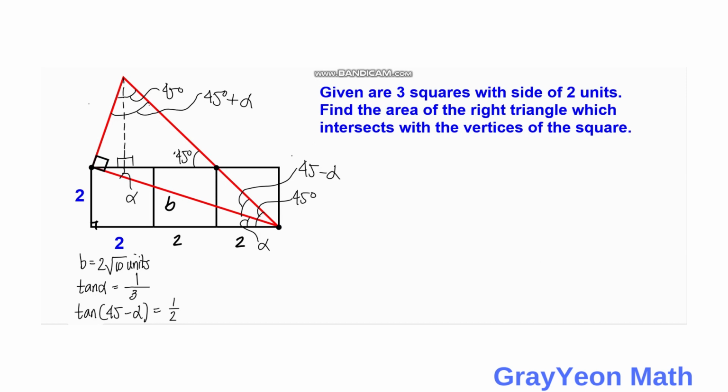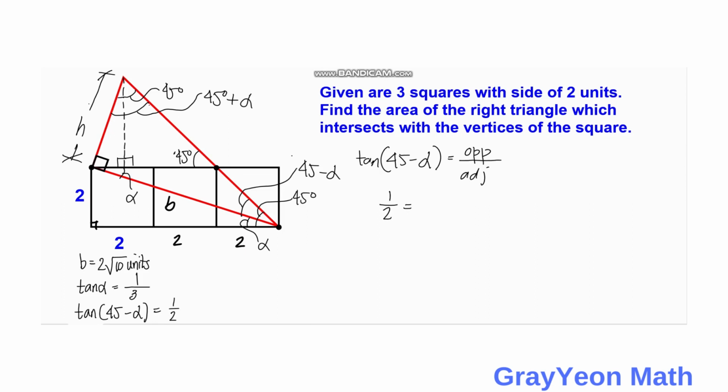Okay. So next thing that we need to do is find this distance. Let us call this h. Since we know the value of tangent of 45 minus alpha, we are now ready to find this h. That will become the opposite over the adjacent side. But tangent of 45 minus alpha is equal to 1/2.